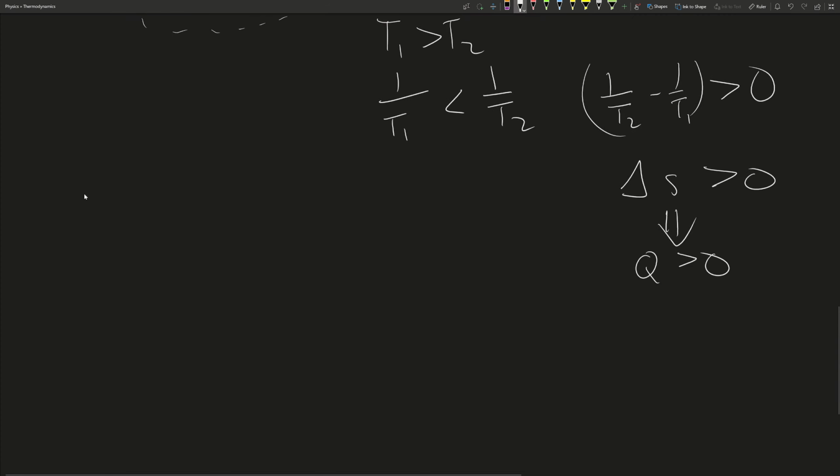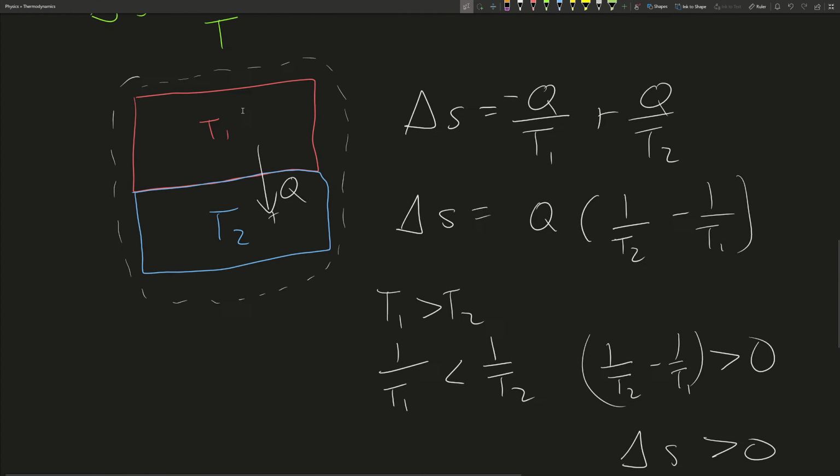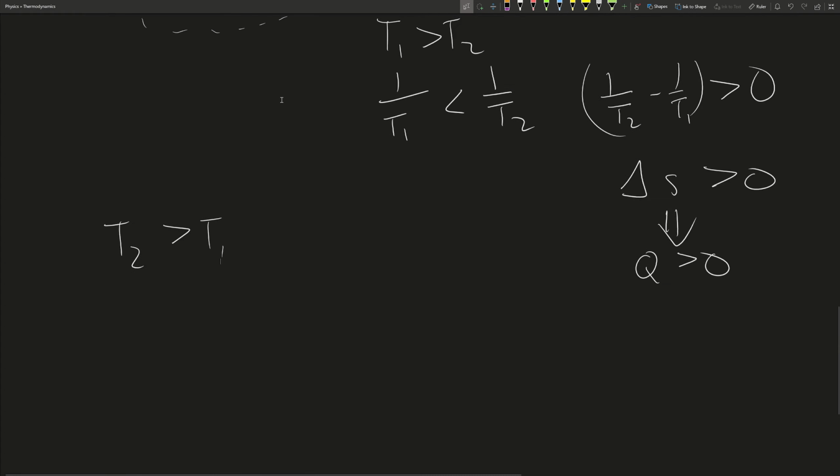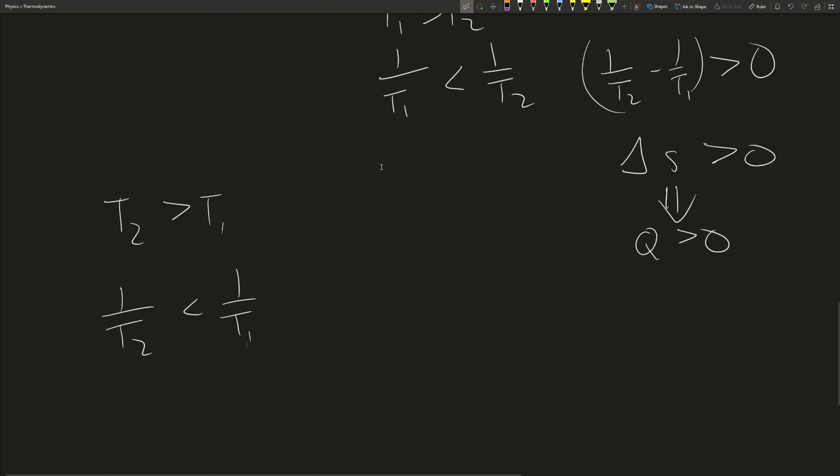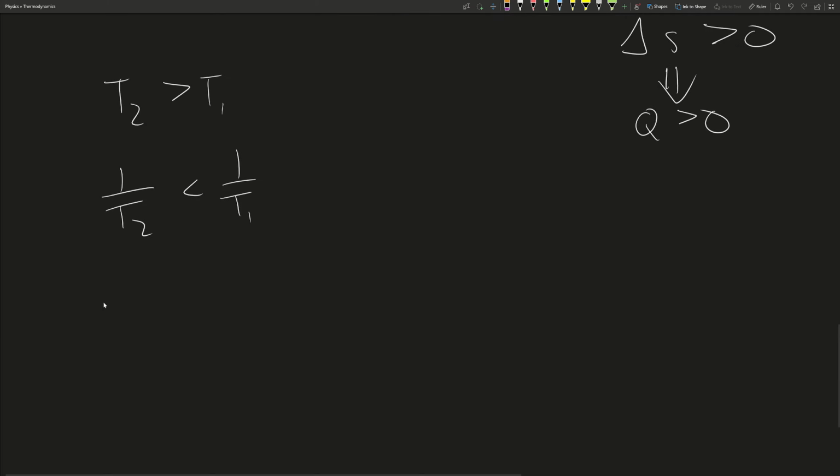Now, what if we say that T2 is greater than T1? So we have T2 at a higher temperature than T1. Then we have 1 over T2 is going to be less than 1 over T1. So when we plug this back into our equation, 1 over T2 minus 1 over T1 is going to be negative.